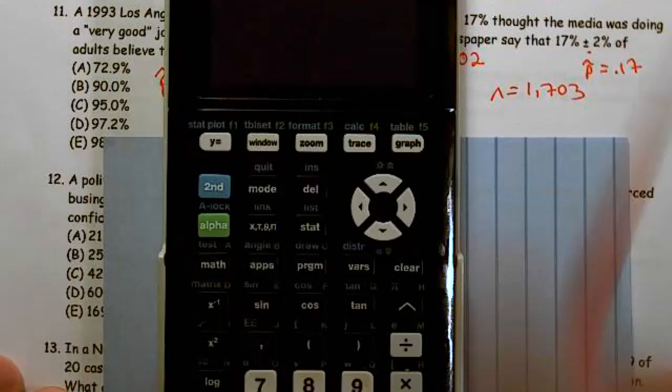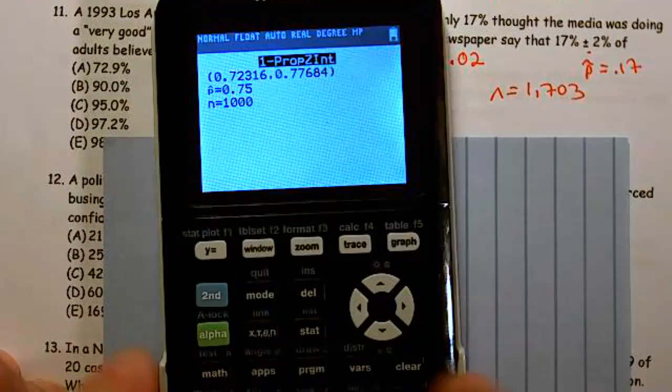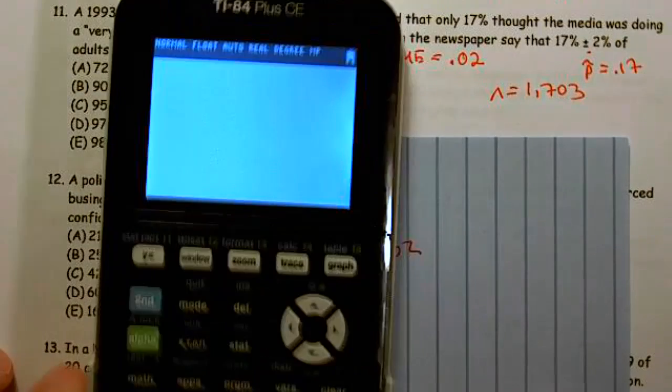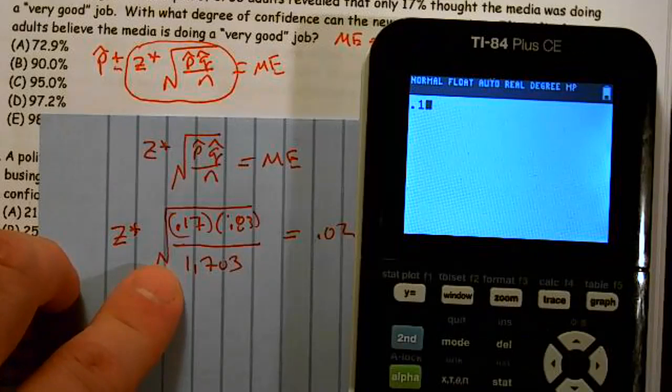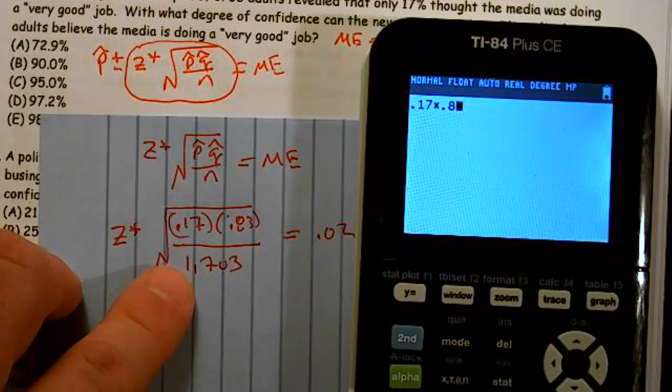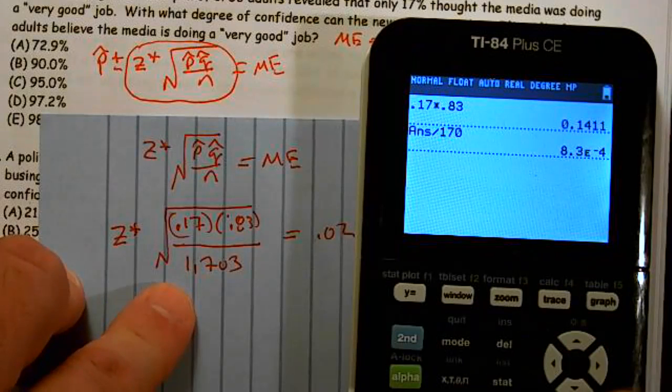All right. So let's go ahead and calculate z star. So when I calculate z star, I'm going to start off by going 0.17 times 0.83. I'm going to divide that by 1,703. Oops, that's not going to work.